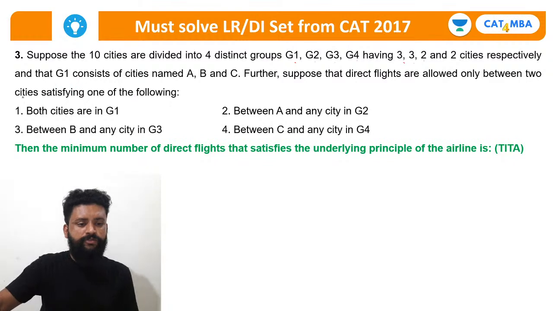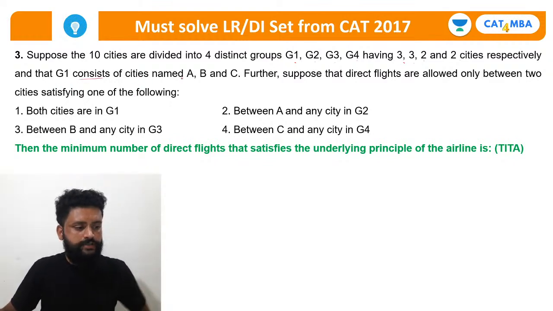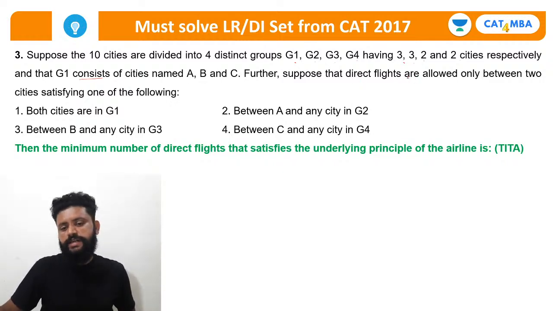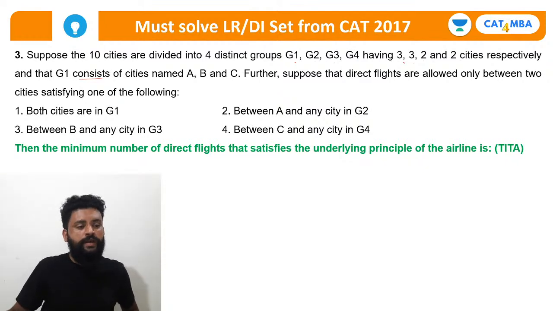So cities are respectively, and G1 consists the cities named A, B, C. Further, suppose that the direct flights are allowed only between 2 cities satisfying one of the following conditions. Okay, so both cities in G1.